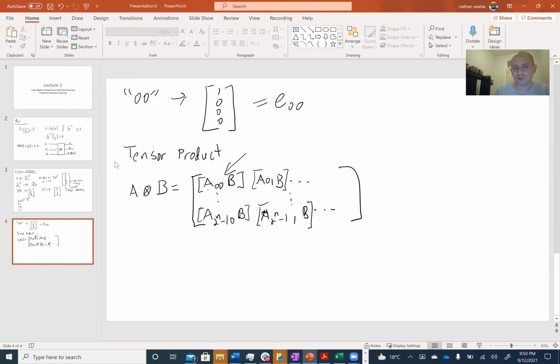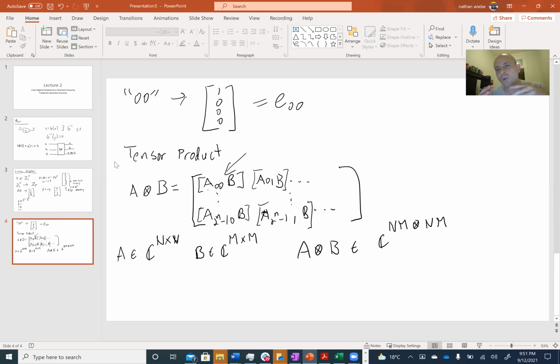So formally speaking, you can see from this definition that the tensor product, if A is in C^(n by n), and B is in the complex numbers C^(m by m), then A tensor B is in C^(nm by nm). So the tensor product is a way of taking the product of two matrices, which might have different sizes, and growing a larger matrix out of it.